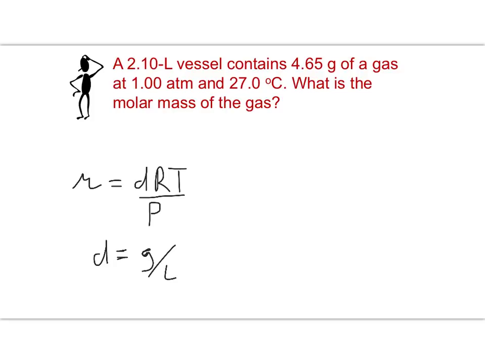We have grams. We have volume. The ideal gas constant is a constant. We have temperature in Celsius, so I'll have to convert that to Kelvin. And pressure.